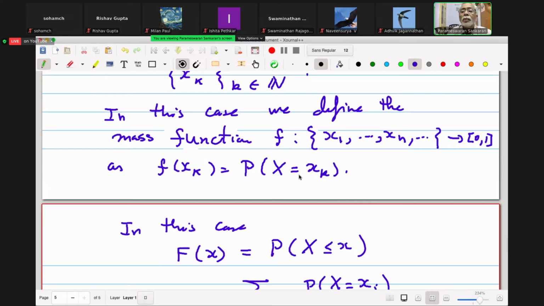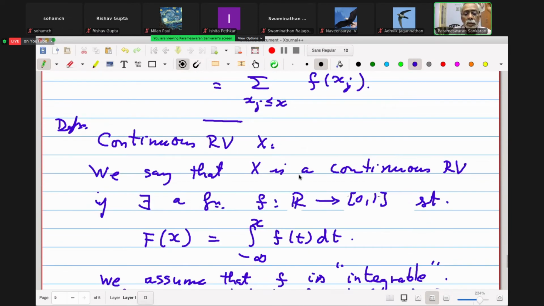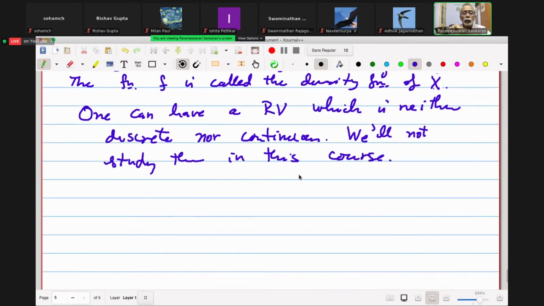Rather than proceeding further with the theory, let me just tell you what you should picture when you talk about this mass function, density function, and so on. And then I will illustrate by an example today itself. So you see, X is a random variable. At the moment, just forget about the domain, but concentrate on the image that it takes.